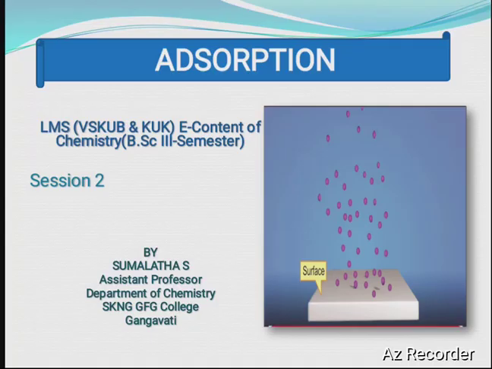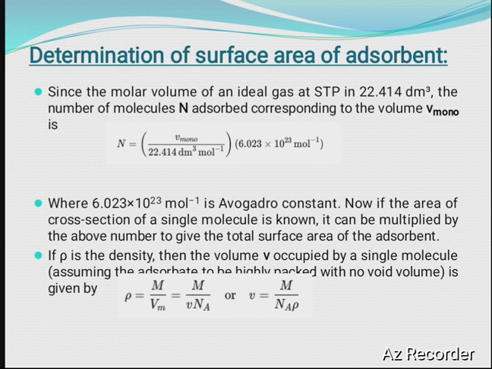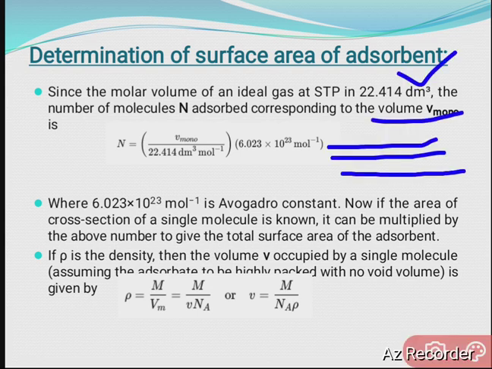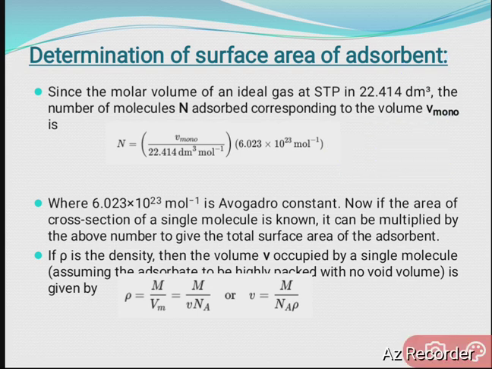Okay, and next, determination of surface area of the adsorbent. This is one more method for the determination of surface area of the adsorbent molecule. Here, the molar volume of an ideal gas at STP is given by 22.414 dm cube.